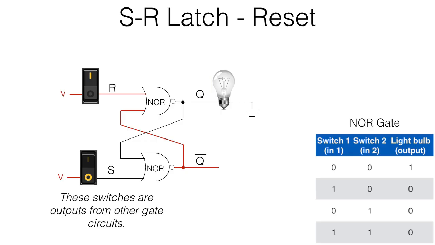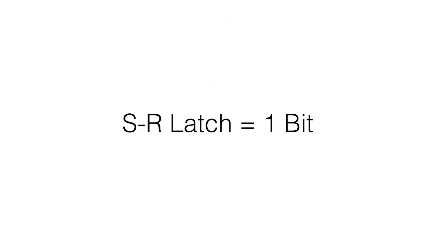And again, I just wanted to make a note that these switches are just for visualization. So we just stored 1 bit. And what did we store this time? We stored a 0. So an S-R latch is 1 bit. It's 1 bit of memory.